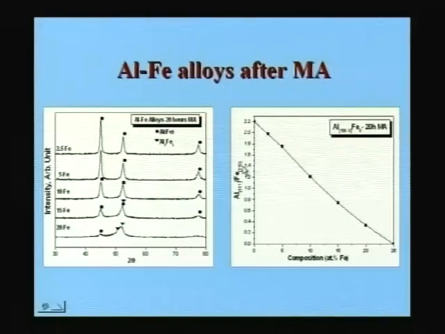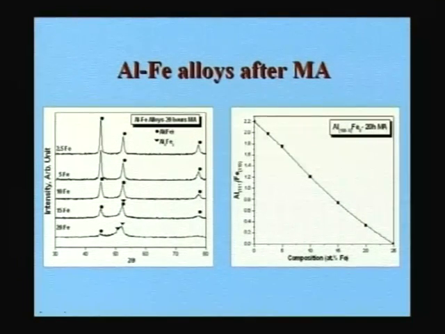At 25%, the aluminum 111 versus iron 110 ratio will go to 0 there. The reason is that 25% composition is equivalent to the Al3Fe composition. So if you choose the Al3Fe composition and make an alloy of that composition, you will not have any aluminum, you will have a single phase intermetallic compound in a phase diagram.